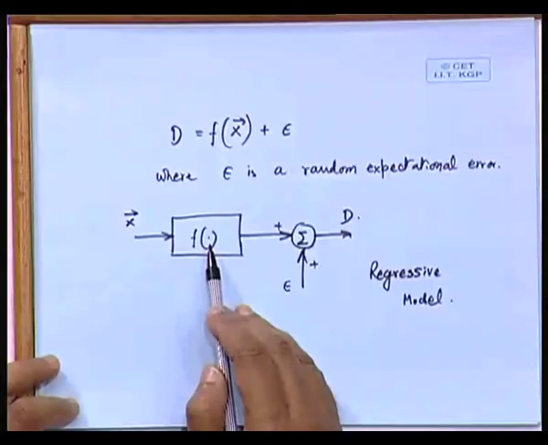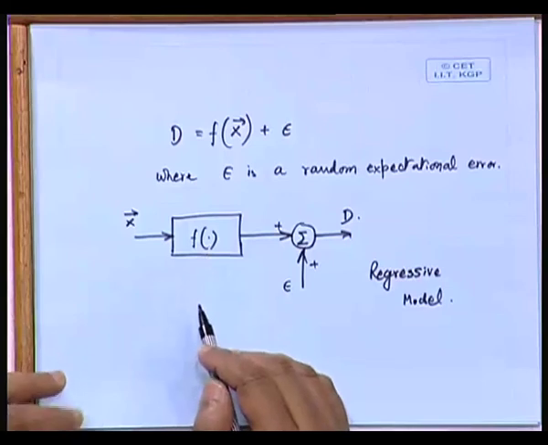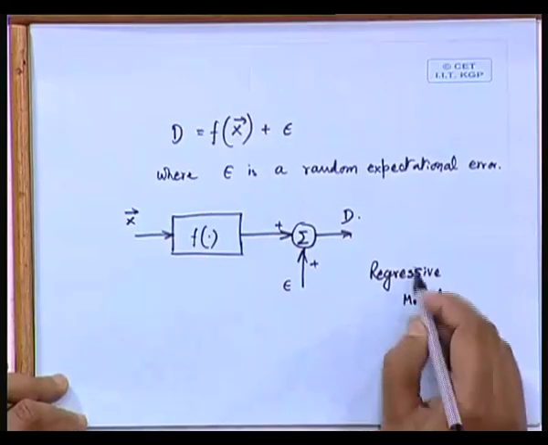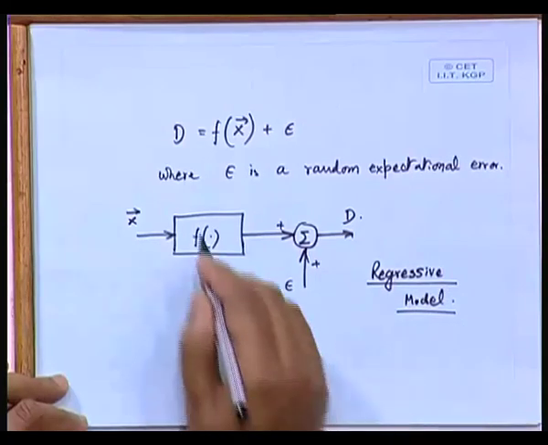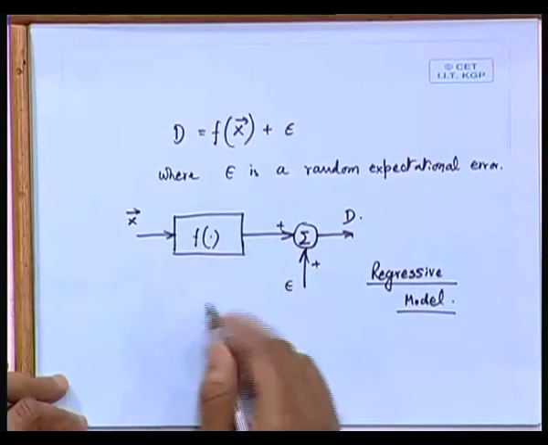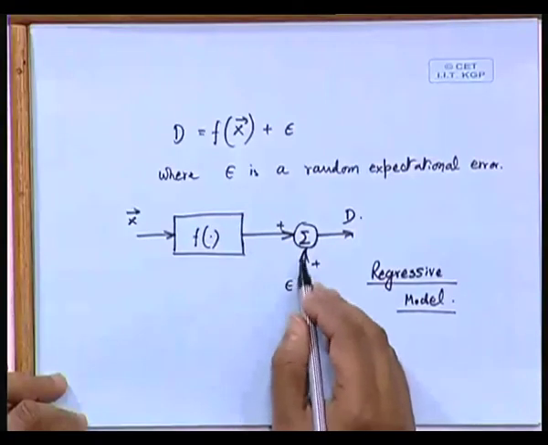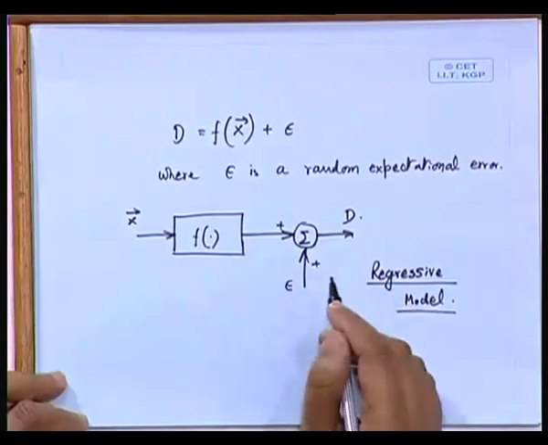Yes. In this case, this f is nothing but the target function. So, this is the mathematical model in the form of a regression, and the target has just a random expectational error added to it.